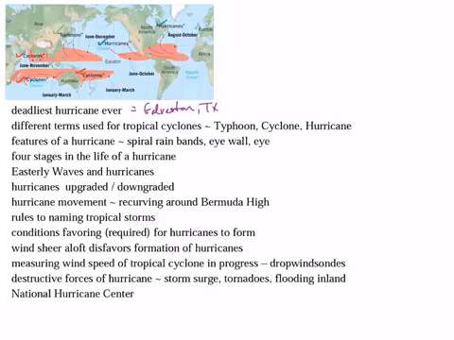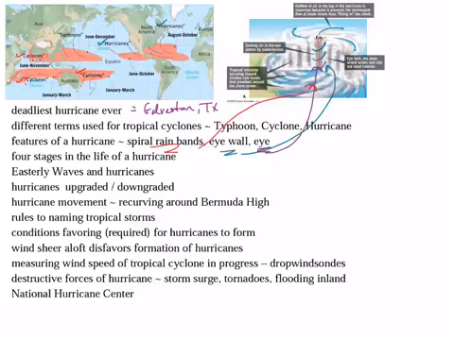Features of a hurricane. In general, in the center we have the eye, and the eye is pretty calm, with a central low pressure. At the top we actually have a high pressure right above the low pressure of the eye.